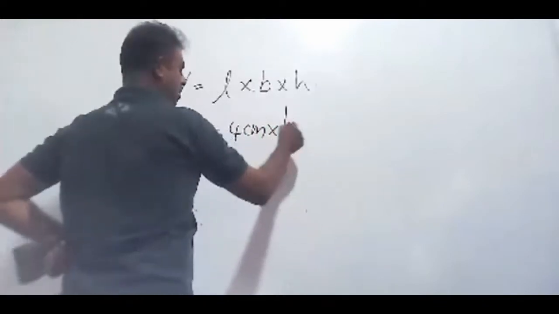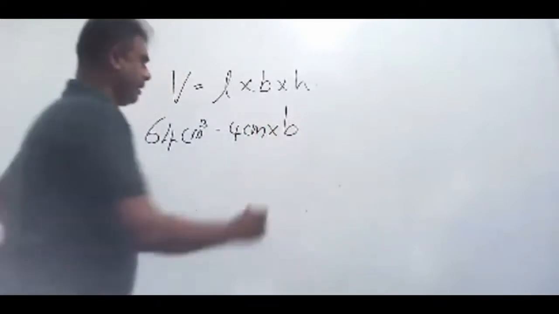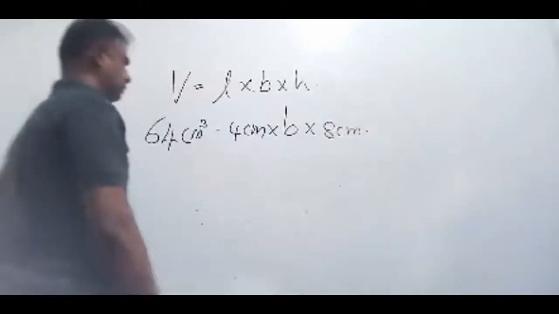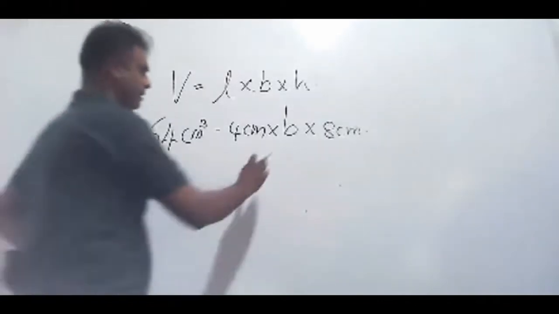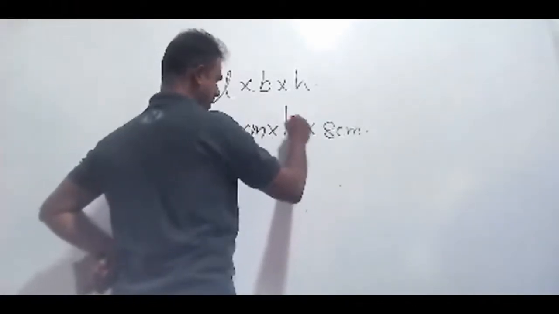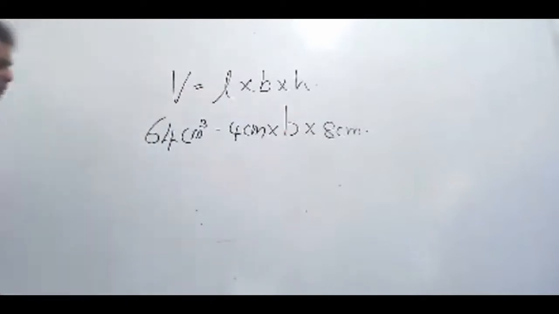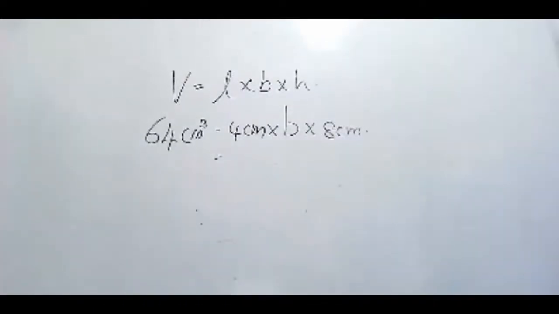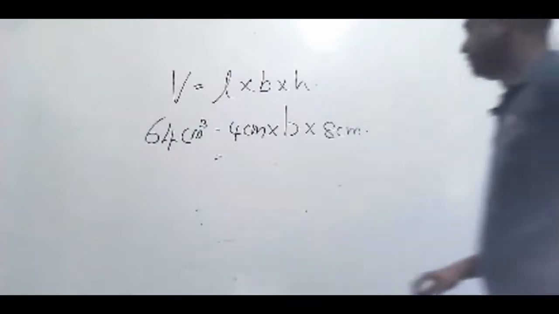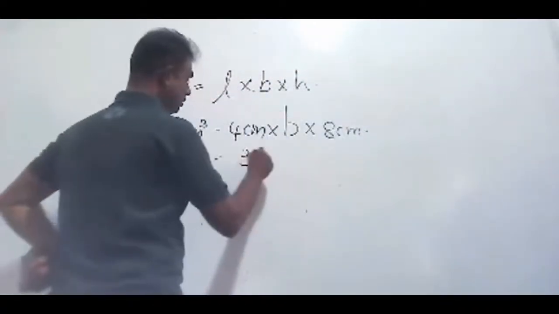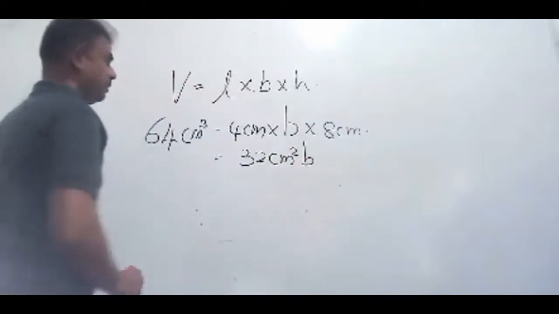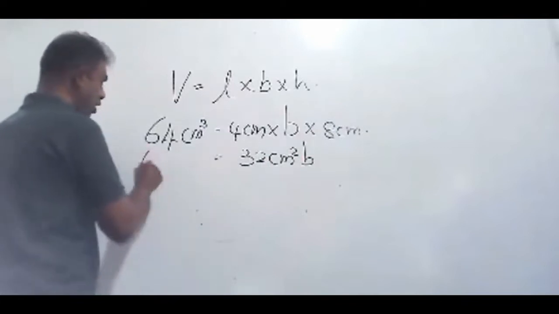Breadth we don't know, and height is 8 centimeters. This is B, a simple B. 4 into B, 4B, into 8 gives 32 square centimeters B.